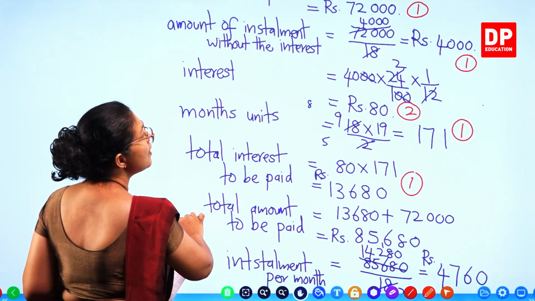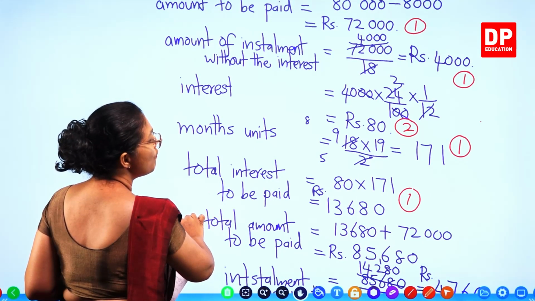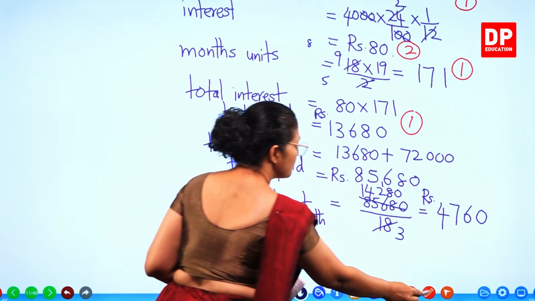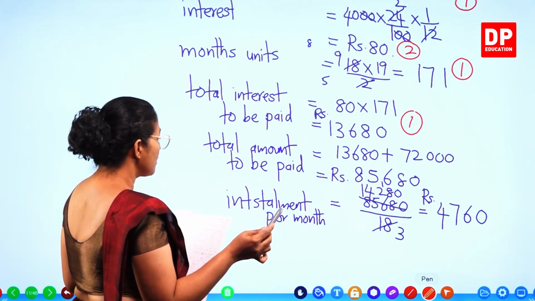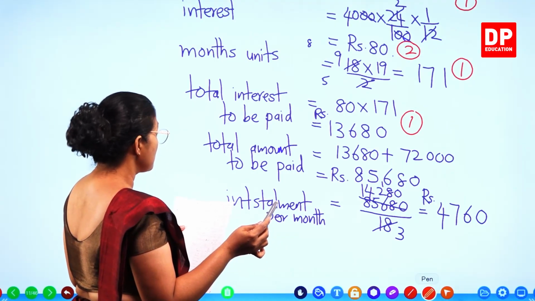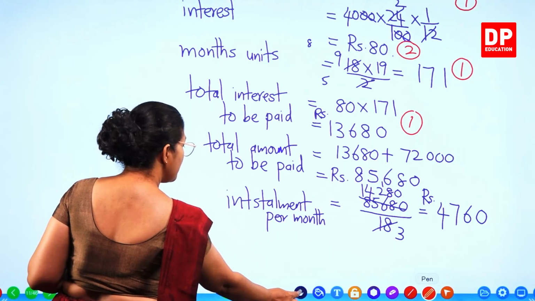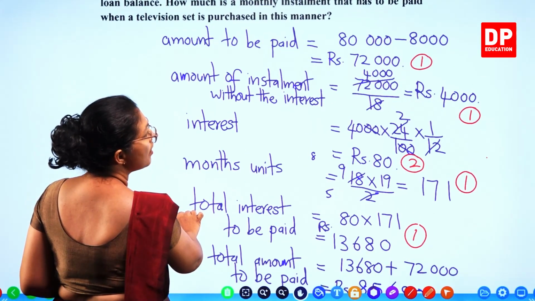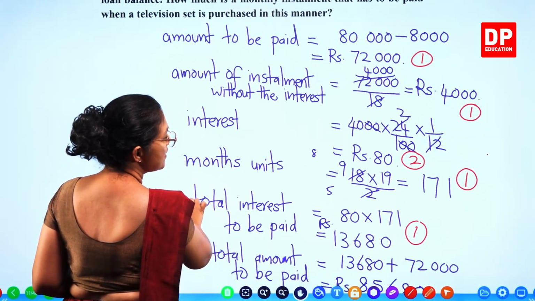So how many marks given? 1, 2, 3, 4, 5, 6. 6 marks altogether.